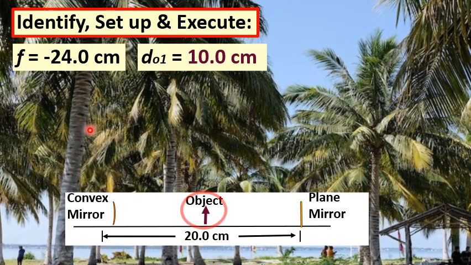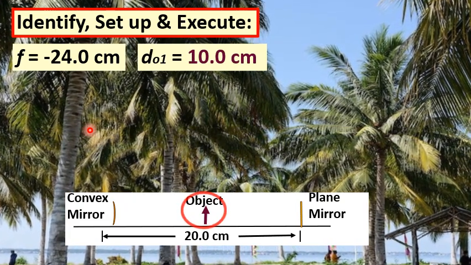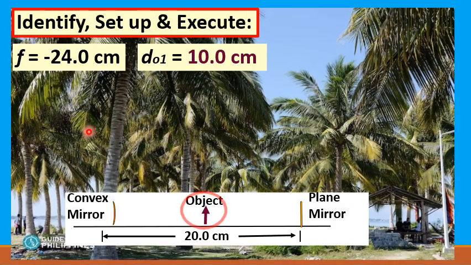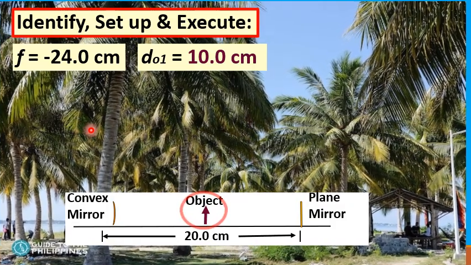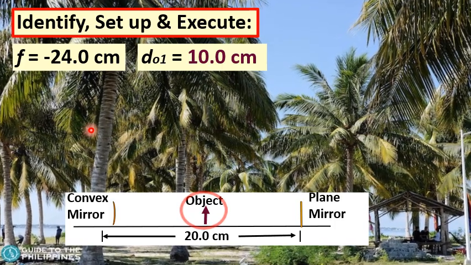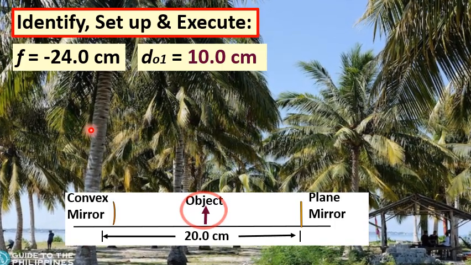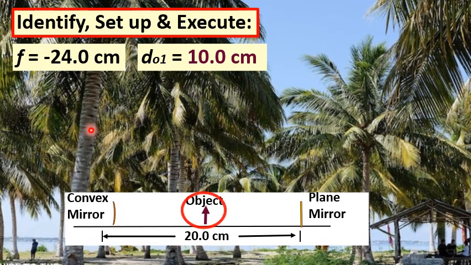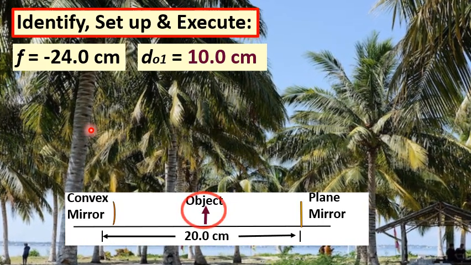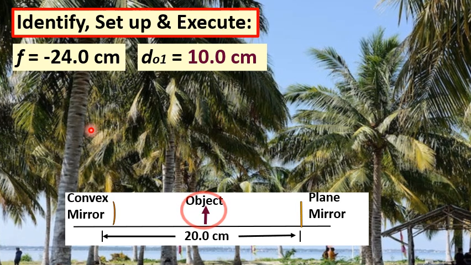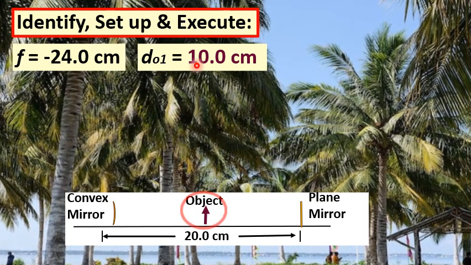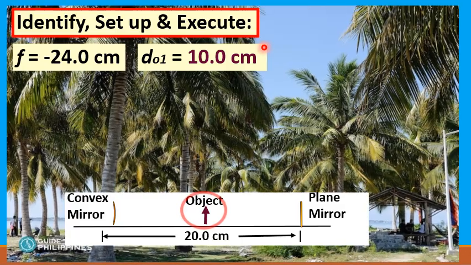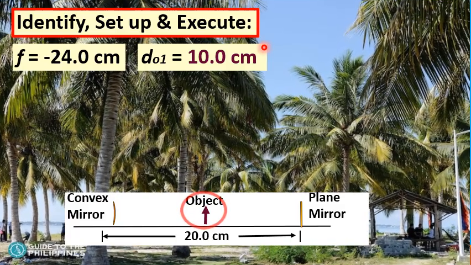As shown in the diagram, the object is placed halfway between the convex and the plane mirrors, which are 20.0 centimeters apart. So, the object distance, d sub O1, is equal to 10.0 centimeters from the convex mirror.